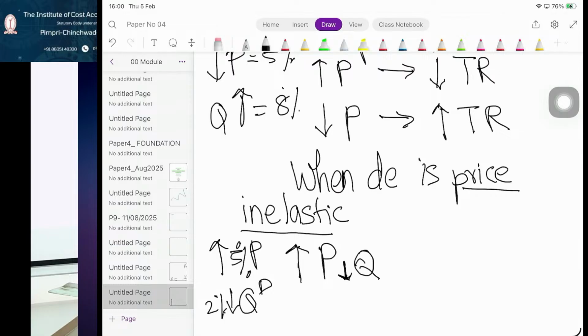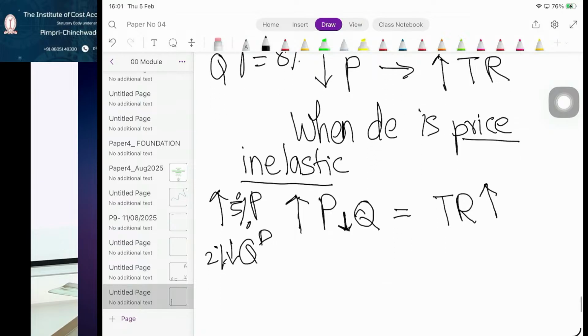So total revenue will actually increase. So when demand is inelastic, an increase in price leads to an increase in total revenue.